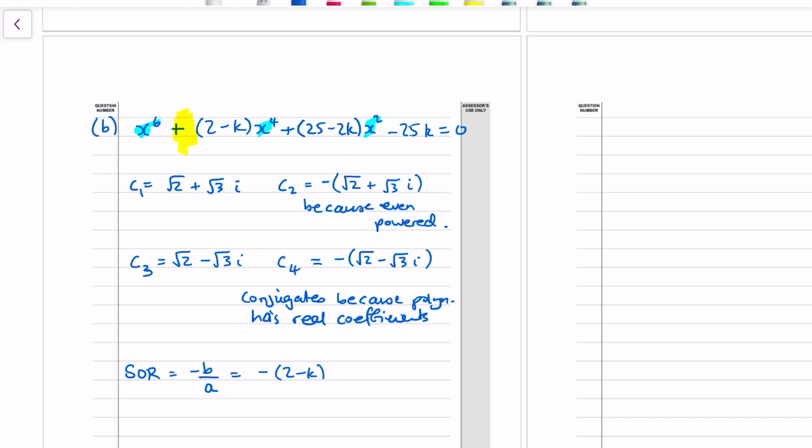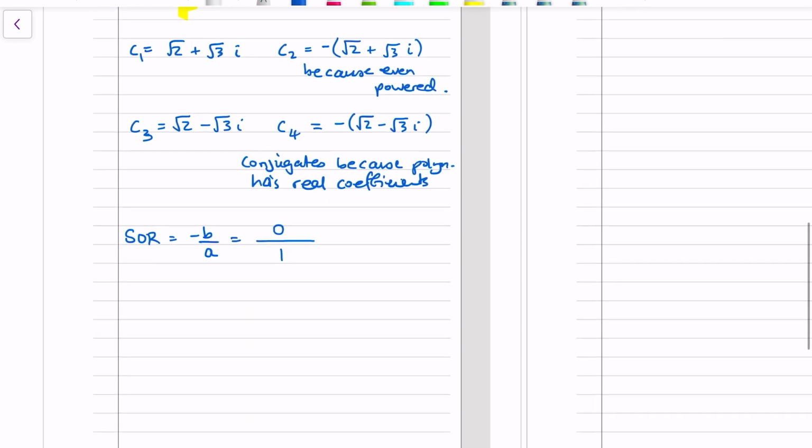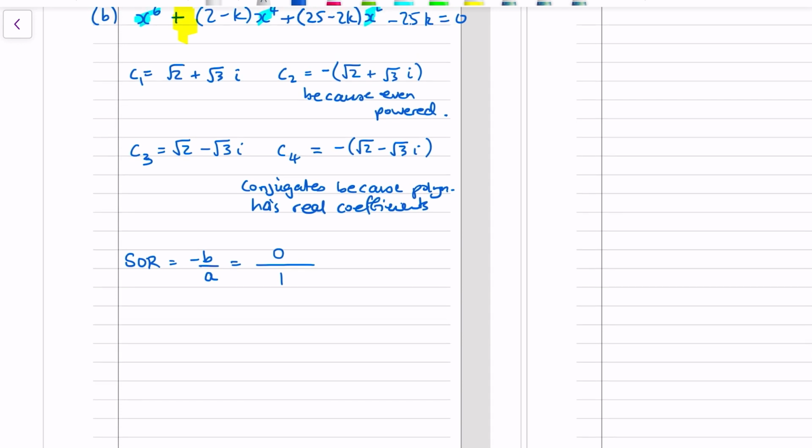Okay, b is the coefficient of the second term, a is the coefficient of the first term, so a is equal to 1, and b is equal to 0. So the sum of the roots must be 0.